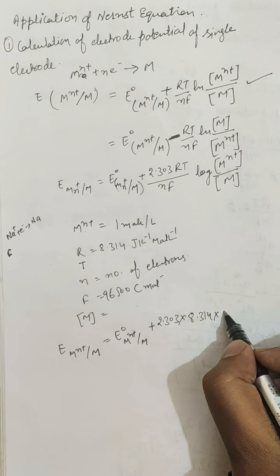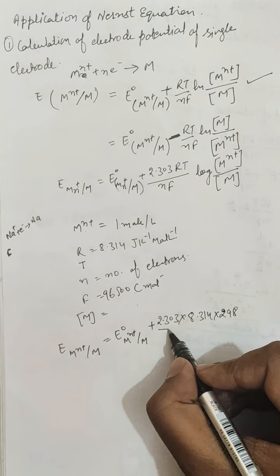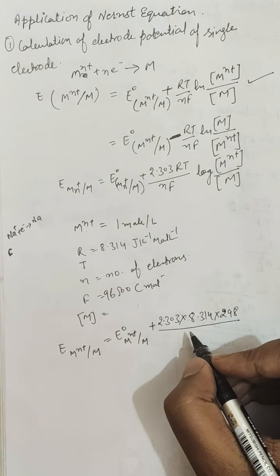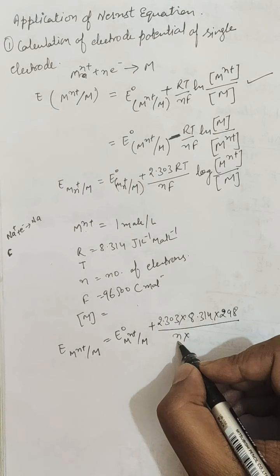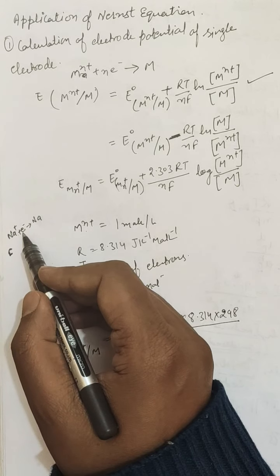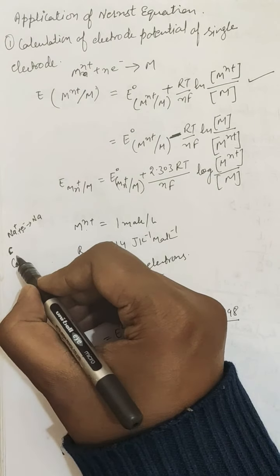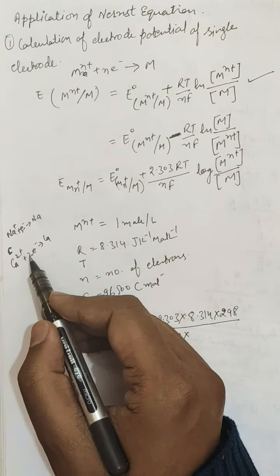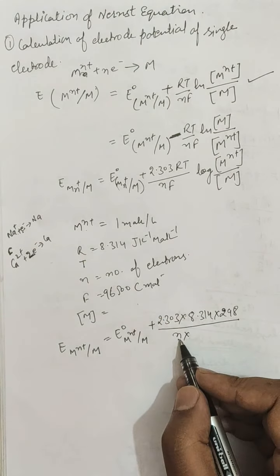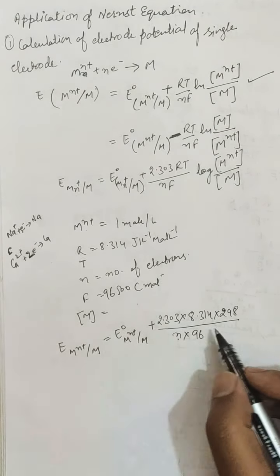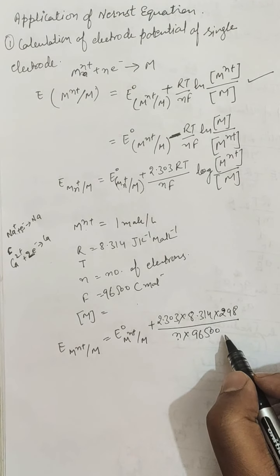At standard conditions the temperature is 298 Kelvin, that is 25 degrees Celsius, divided by nF. The value of n depends on the metal: if sodium is gaining 1 electron, the value of n is 1. If calcium is gaining 2 electrons to get reduced, the value of n will be 2, the number of electrons exchanged. And the value of F is 96500 coulomb per mole.